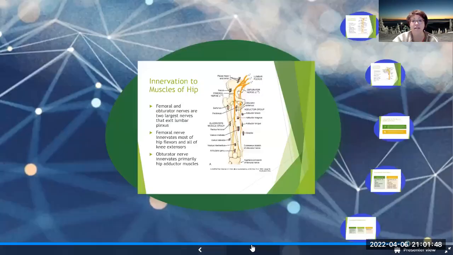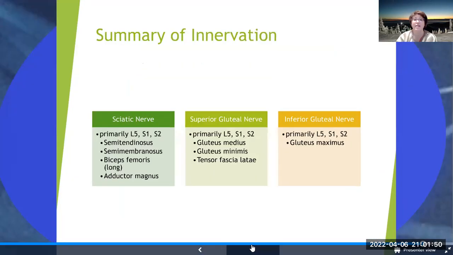The extensor head is innervated by the sciatic nerve. So the sciatic nerve, its nerve roots are a little lower down, L5, S1, S2. It innervates the semitendinosus, semimembranosus, and the long head of the biceps femoris, so the 3 big hamstrings, and the extensor head of the adductor magnus.